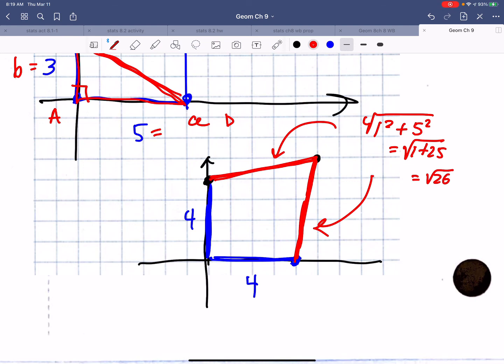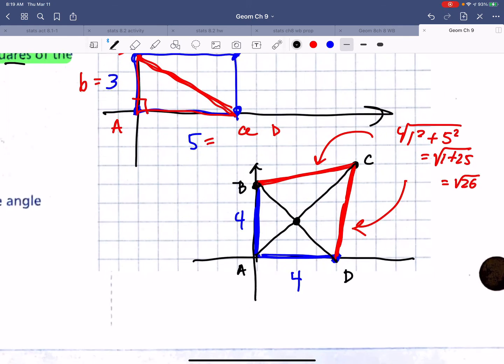Nice. So prove that only one diagonal bisects. Notice here, that diagonal bisects. We can see that visually very obviously. So let's prove that. If I find my midpoint, so let's rattle off: point B is 0, 4. Point D is 4, 0. What would be the midpoint?